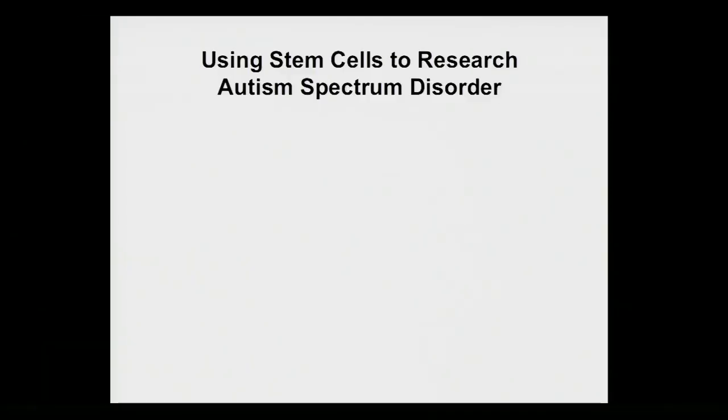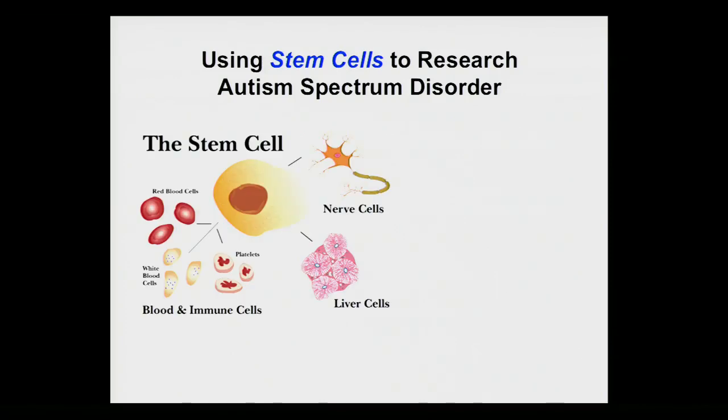So our idea, or what we propose, is to use stem cells as a new way to research autism spectrum disorders and other neurological diseases for that matter. And what are stem cells? Stem cells are a very special type of cell that have two main characteristics. A stem cell is able to multiply and make daughters that are exactly the same as the stem cell.